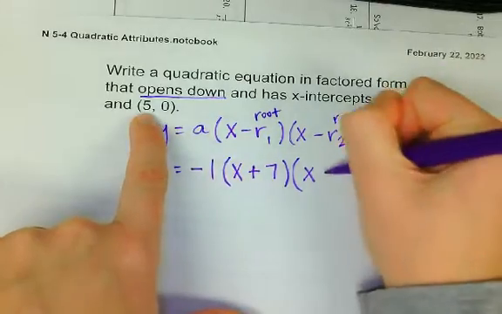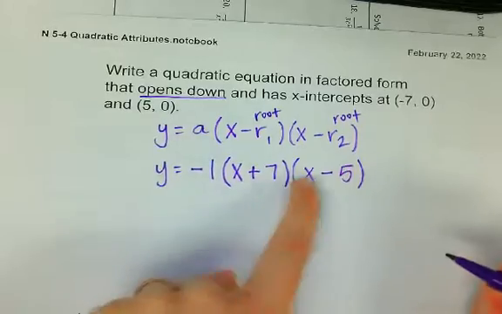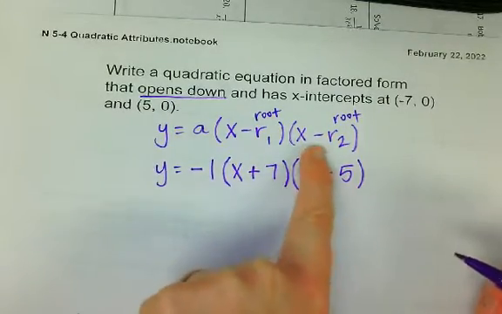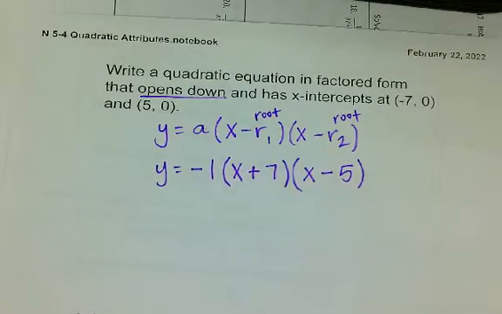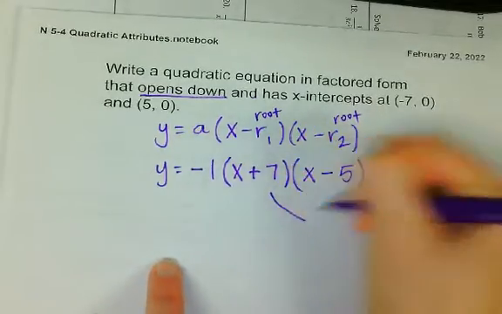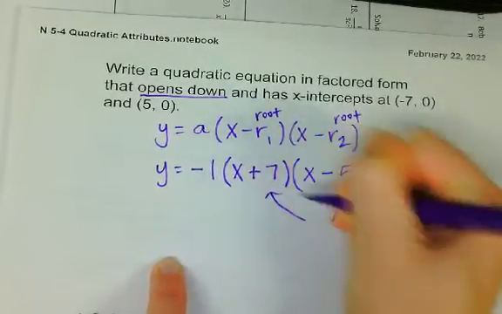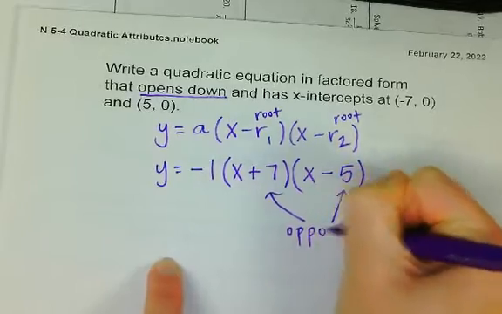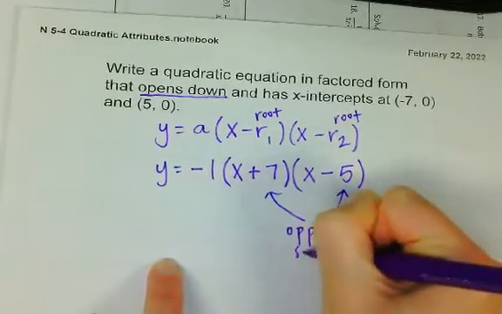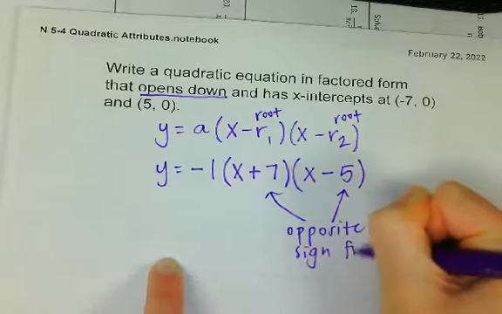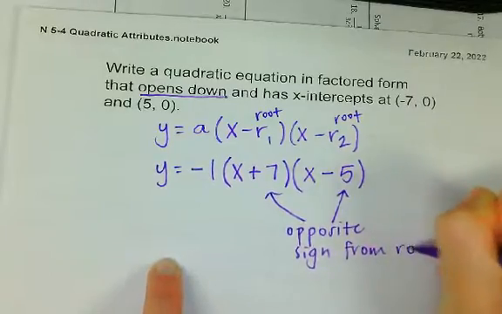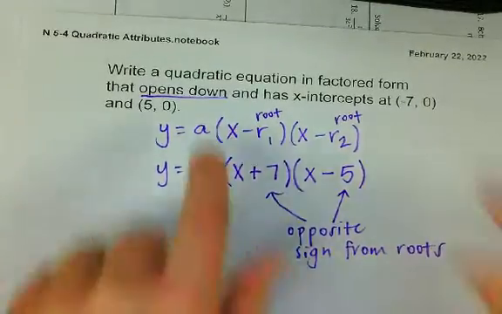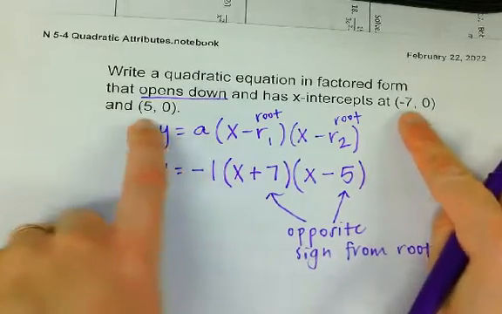And then when I plug in a +5, I'm going to see x minus 5 because the formula has subtraction. So you're going to see opposite signs from the roots you were given.